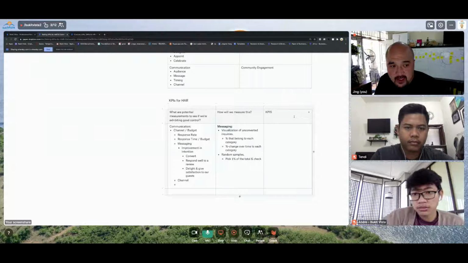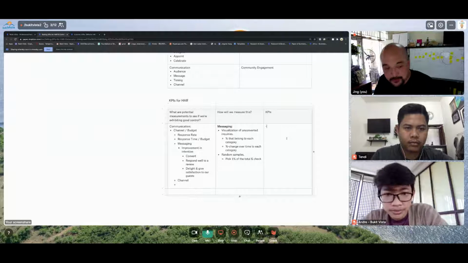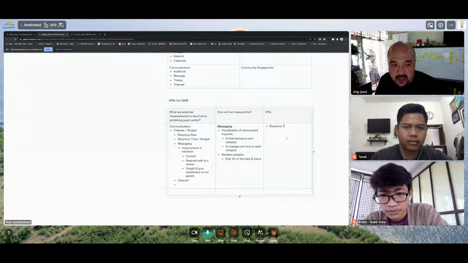Then you can start picking your KPIs. You can say that there's a response time KPI, there's a response rate KPI, and then there's probably a message satisfaction index. And this can be a combination of whatever you want to measure.